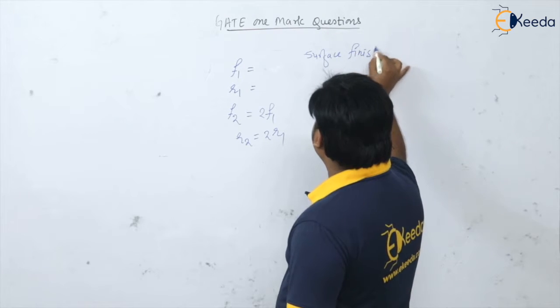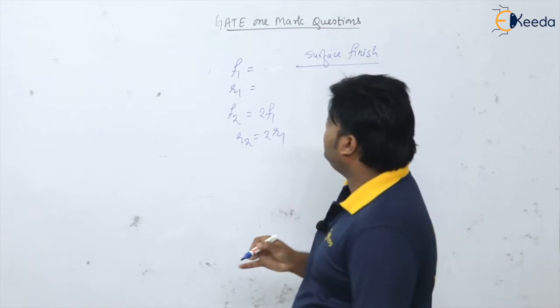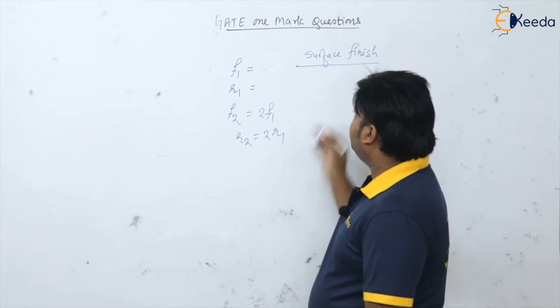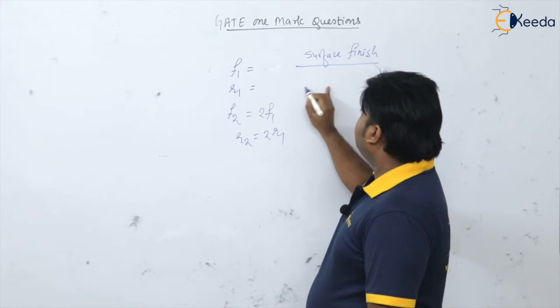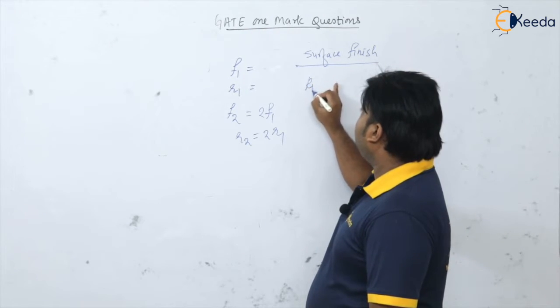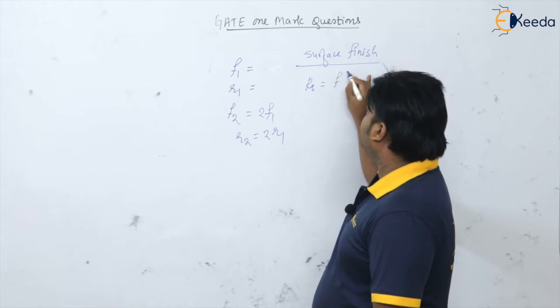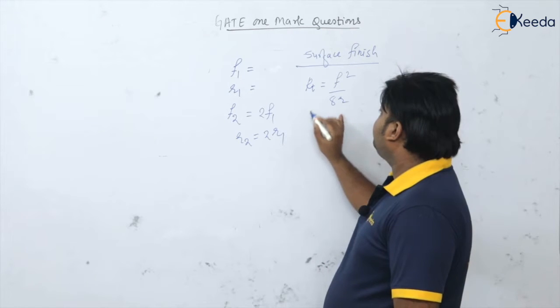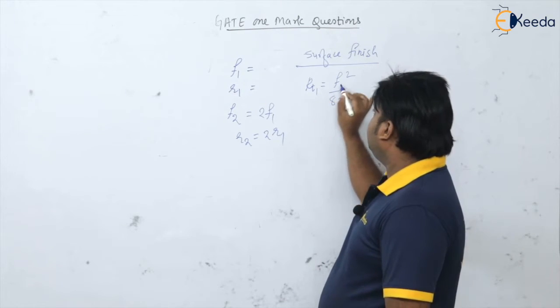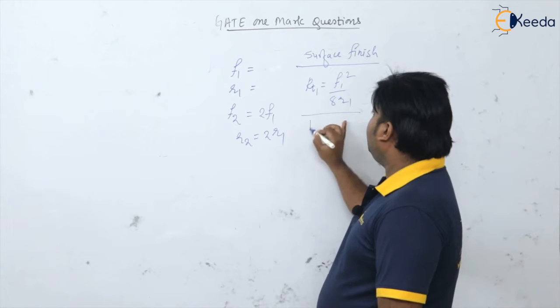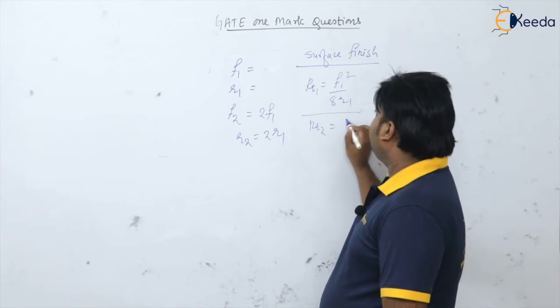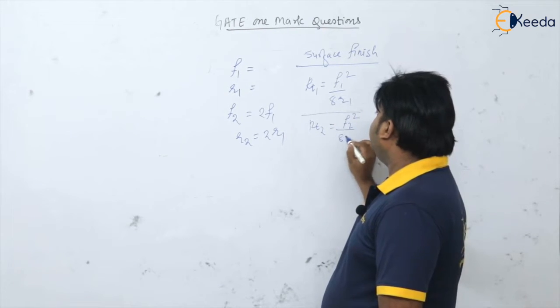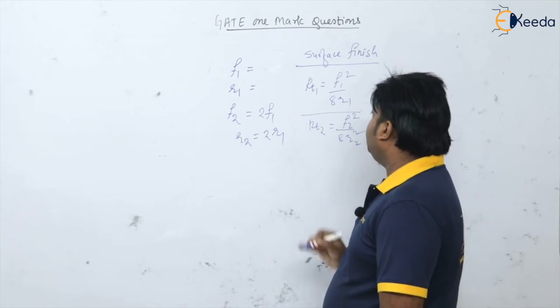Okay, so we know the relation between the nose radius and the feed rate for the surface finish, that is: the surface finish Rt is equal to F square divided by 8R, isn't it? So Rt1 is F1 square by 8R1, and Rt2 will be F2 square by 8R2, isn't it?